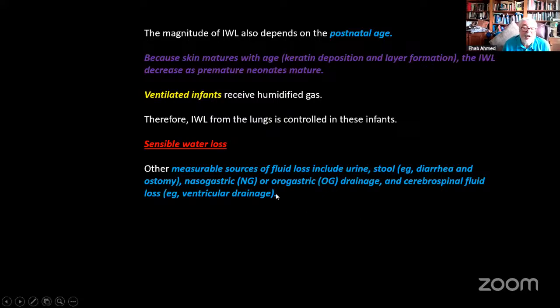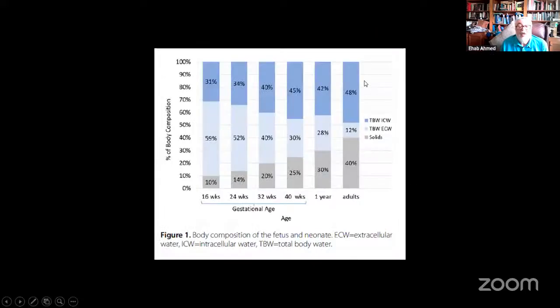Okay, like if you have a hydrocephalus or other problem. This picture is extremely important. This figure is extremely important. And this is the total body weight. And this is the solid.